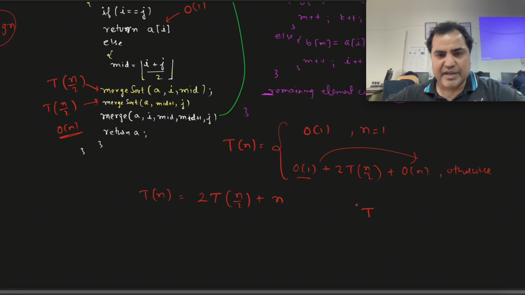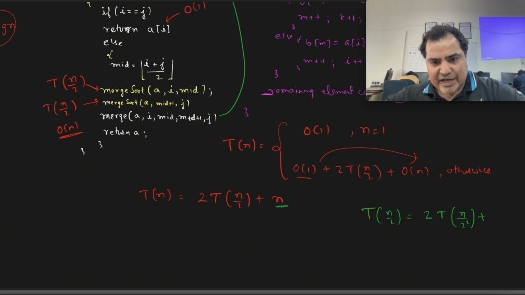Now we'll see how we get the calculations done. If this is T(n), then to write T(n/2) I replace n by n/2 everywhere. So it will be 2T(n/2 squared) plus n/2.